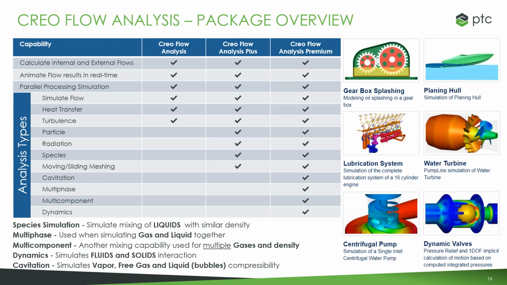The only thing it is missing is radiation. If you are dealing with basically infrared heat flow, you would need the mid-level package, the Flow Analysis Plus, and it does it fine, but not everybody in the cooling business needs radiation. That's more typical in high temperature stuff, or if you're dealing with spacecraft where there's no air, that sort of thing.